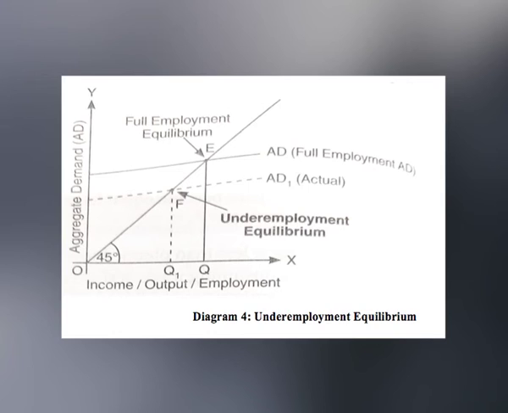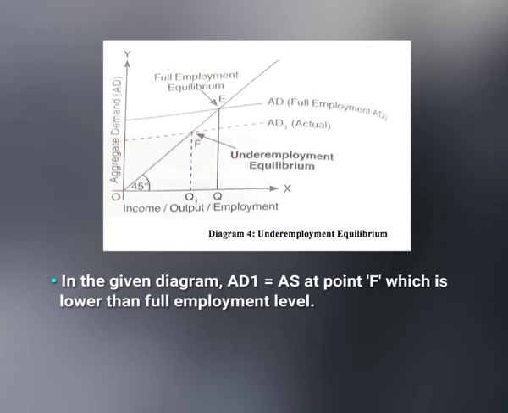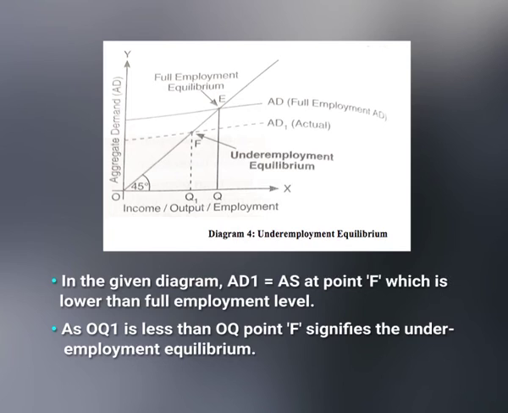But the underemployment equilibrium occurs at point F, because the actual AD curve, that is AD1, intersects the same AS curve at F due to inadequacy of demand. The following propositions can be extracted from the above diagram. In the given diagram, AD1 is equal to AS at point F, which is lower than the full employment level, as OQ1 is less than OQ. Point F signifies the underemployment equilibrium.